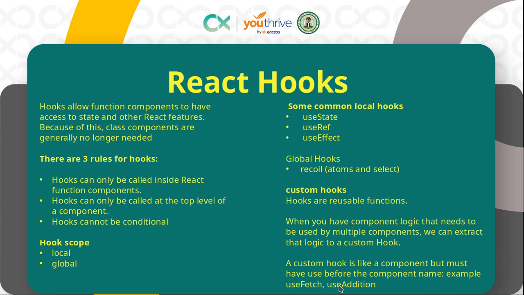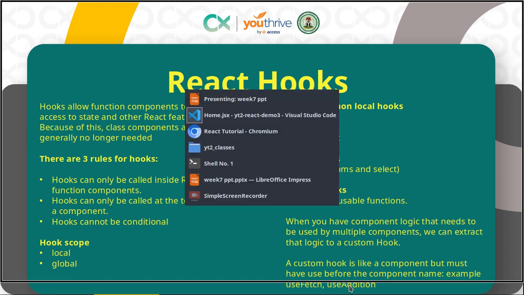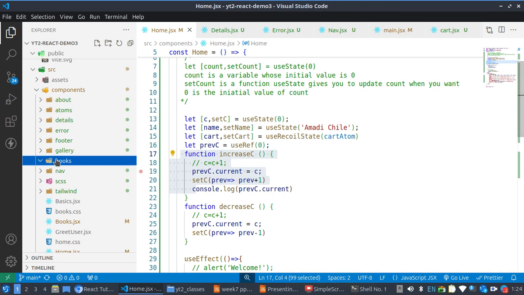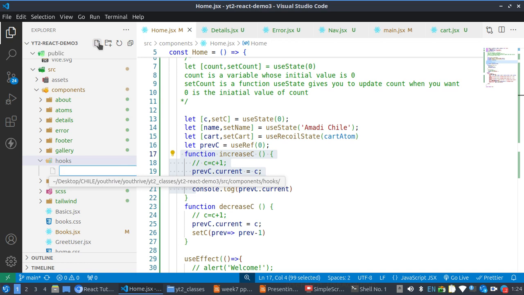Example, useFetch, useAddition. So I'm going to save it as useCount. Makes sense, useCount.jsx.